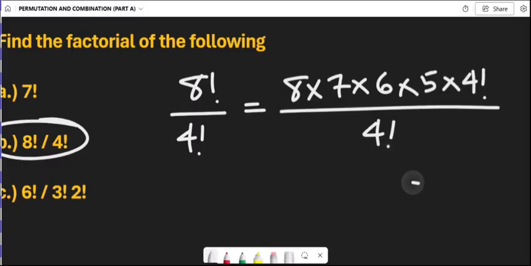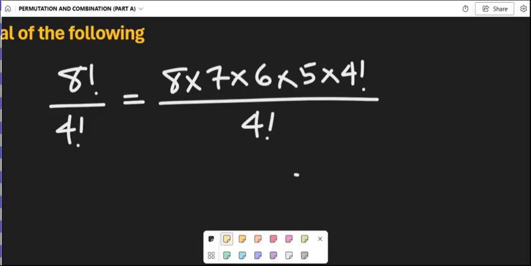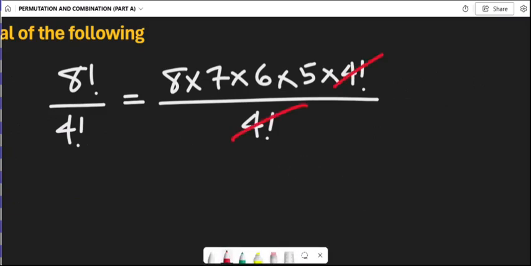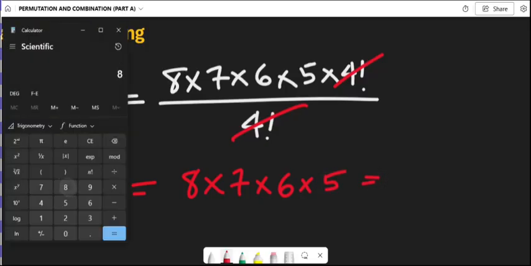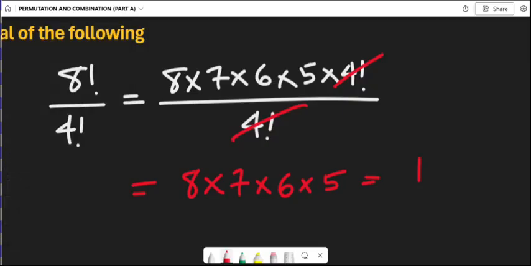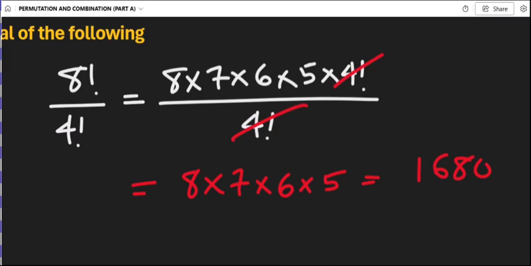Now the question is, why would I end at 4 factorial? The reason is that I can cancel out the 4 factorial. Since I've cancelled it out, I'm left with 8 times 7 times 6 times 5. With the help of our calculator, this gives us 1680. So let's look at the last example.